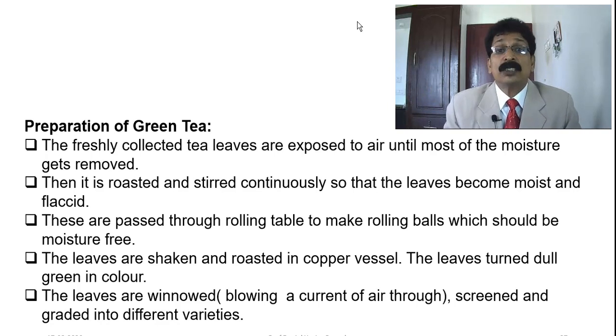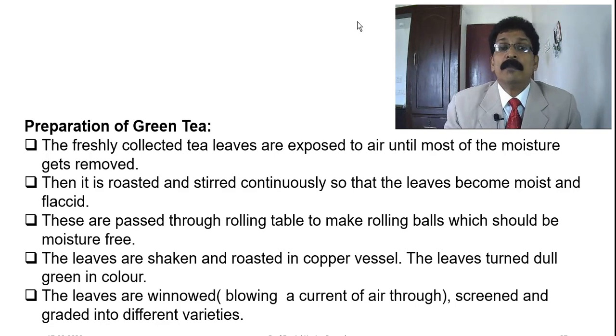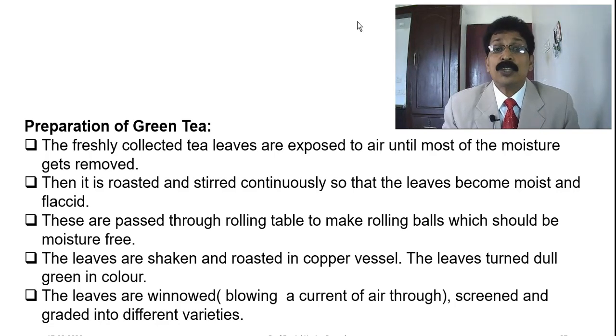These are passed through rolling tables to make rolling balls and should be moisture free. The leaves are shaken and roasted in a copper vessel.